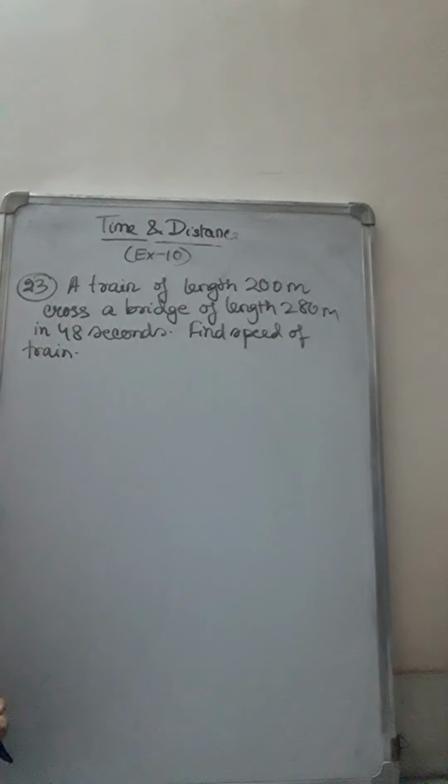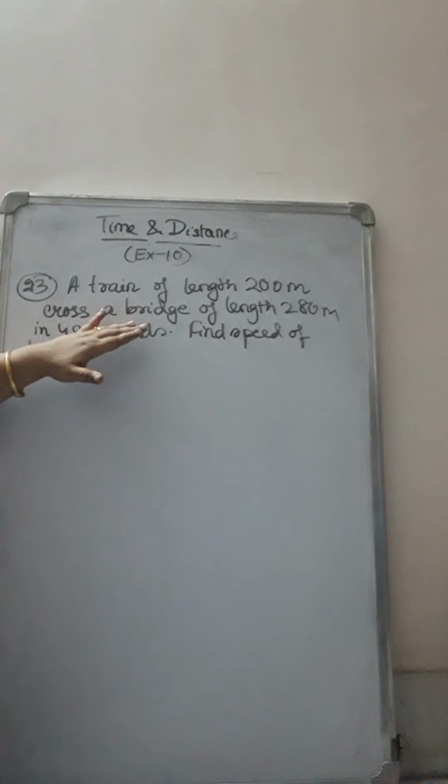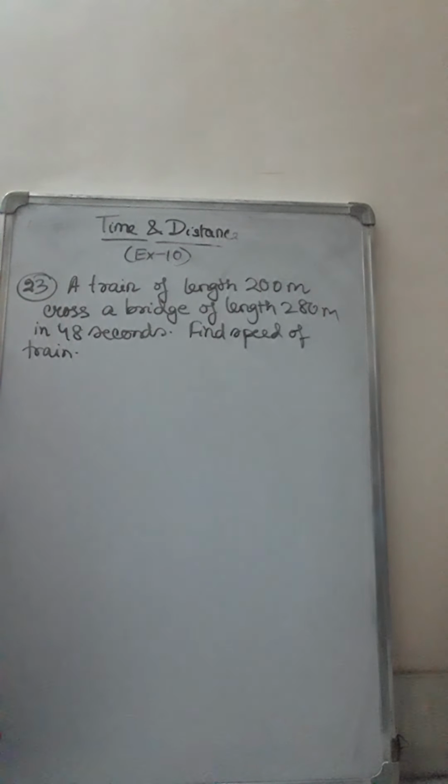Sometimes the question will change: find the time, speed is given. Sometimes you need to find the distance. Sometimes you need to find the speed. So speed, time, distance are the three requirements of all time and distance questions. Sometimes the length of the train is provided and you find the length of the bridge, or the bridge length is provided and you find the length of the train. In this way the sums just shuffle according to the questions.